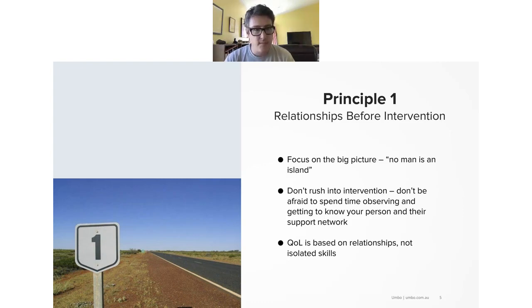And so if we're rushing into an intervention based on that really surface level knowledge that we have of a particular person or family group, then we're working on things that aren't as meaningful to them as they could be. That's going to lead to less engagement and therapy outcomes that may be good, but they're not going to be as relevant for that family.